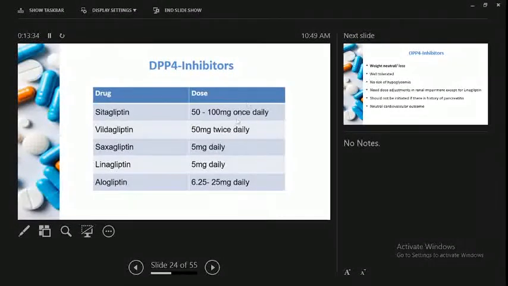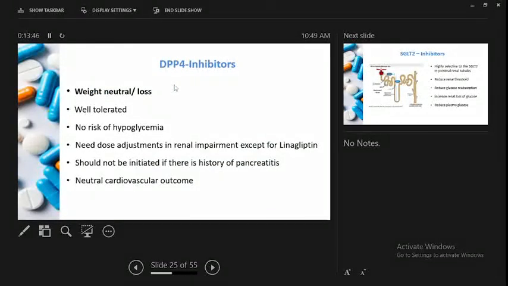So, what are the DPP4 inhibitors? I think everyone is familiar: sitagliptin, vildagliptin, saxagliptin, linagliptin, and alogliptin, and 3 of them are available in Sri Lanka.